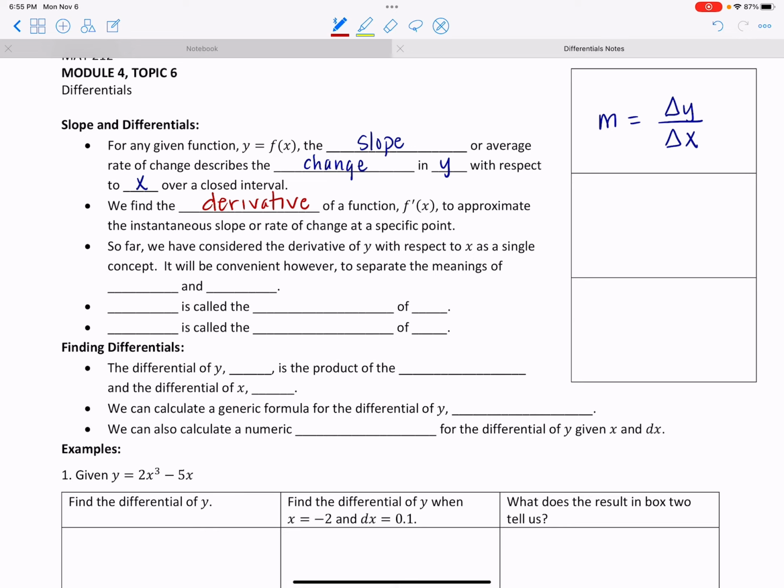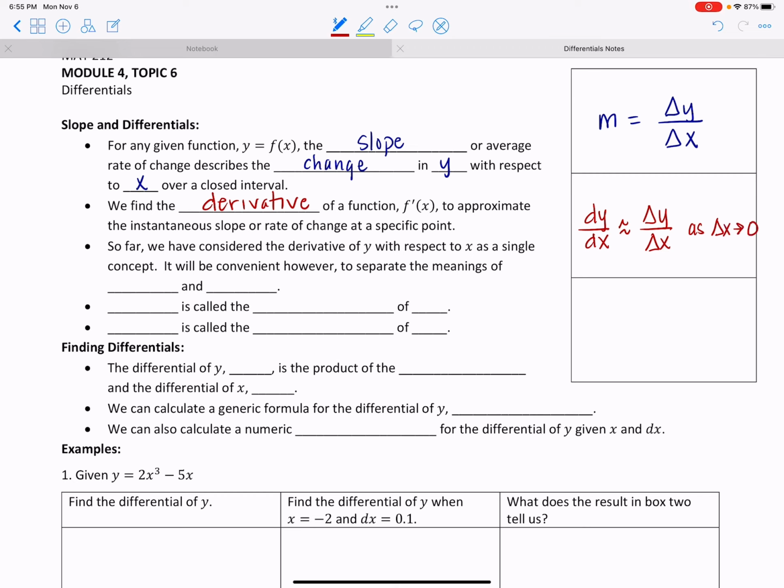So when we find a derivative, we say that our slope, or our dy dx, is used to approximate the change in y with respect to x. So again, we say that our derivative of y with respect to x is approximating the instantaneous slope, which we just said is the change in y with respect to x, and this happens as the change in x approaches 0.